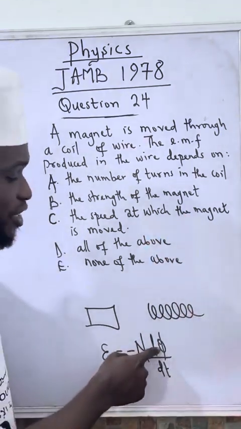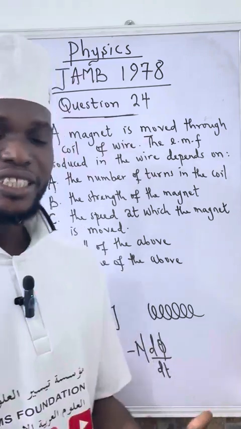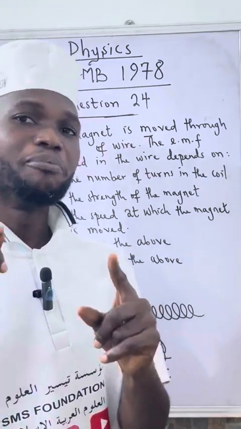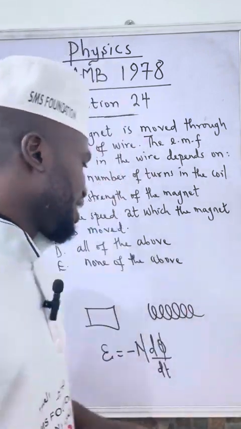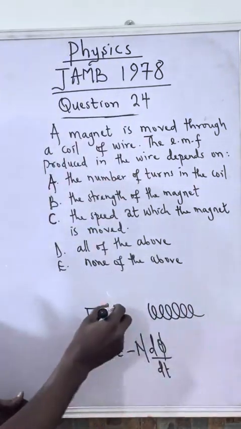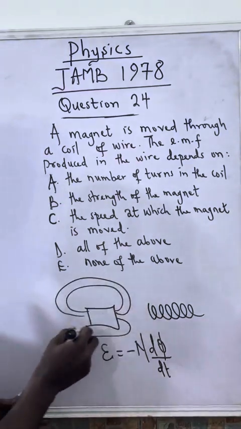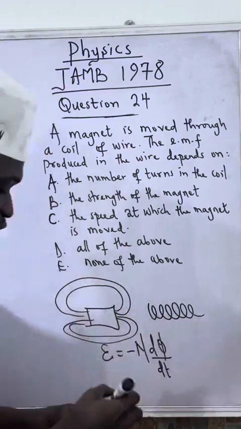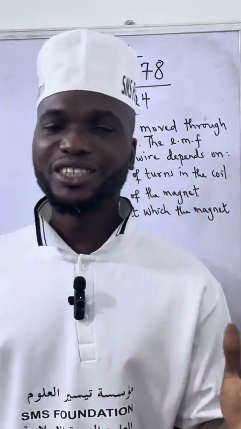Then the second one is phi. What do you mean by phi? Phi stands for the magnetic flux, that is the magnetic lines of force. In every magnet, there are imaginary lines of force. We can't see them, but it depends on how big the magnet is.